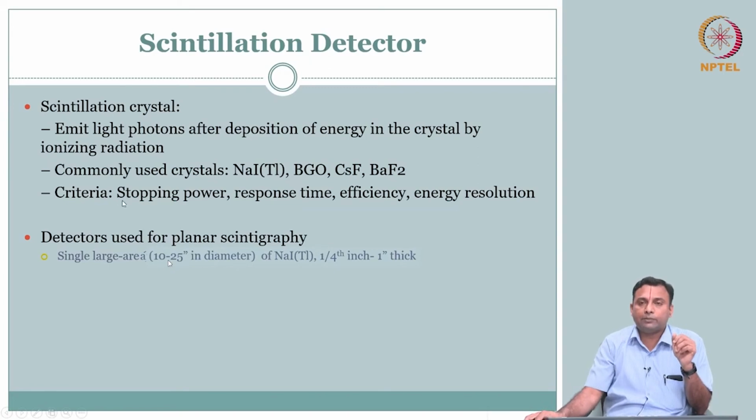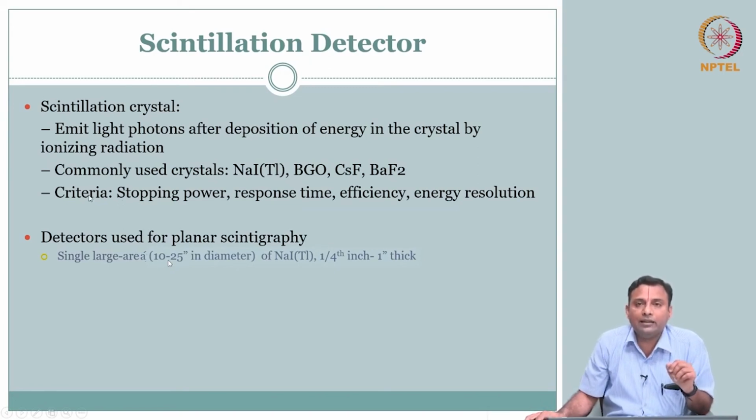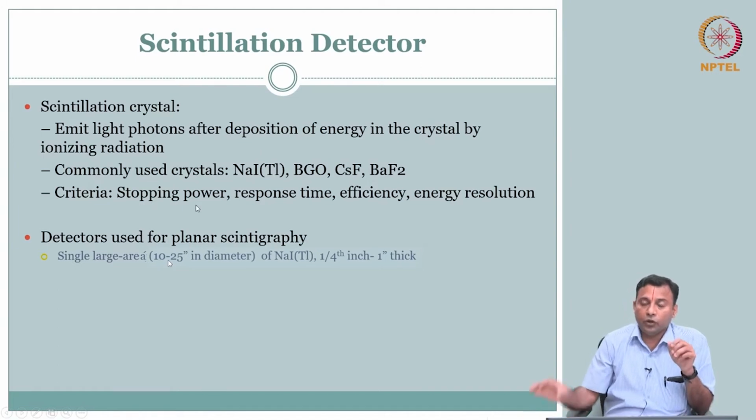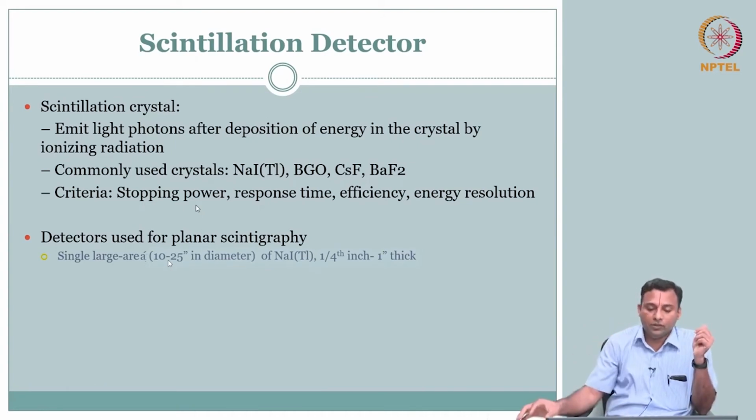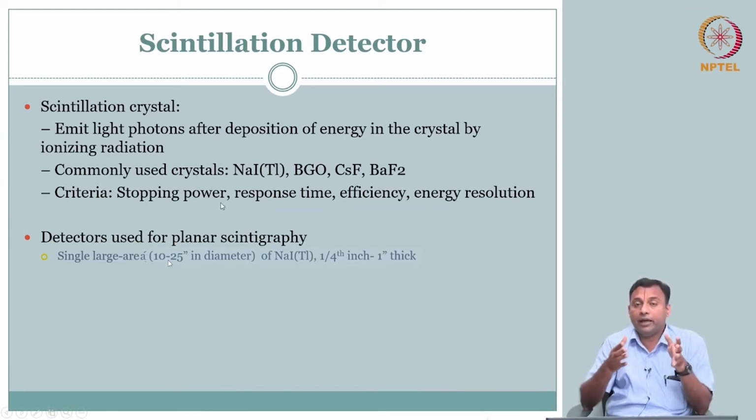So what are the criteria used for choosing a detector crystal material? Stopping power. If it does not have stopping power, then the gamma rays will go right out as well. In this case the stopping power is for the gamma, which has to be a higher energy.